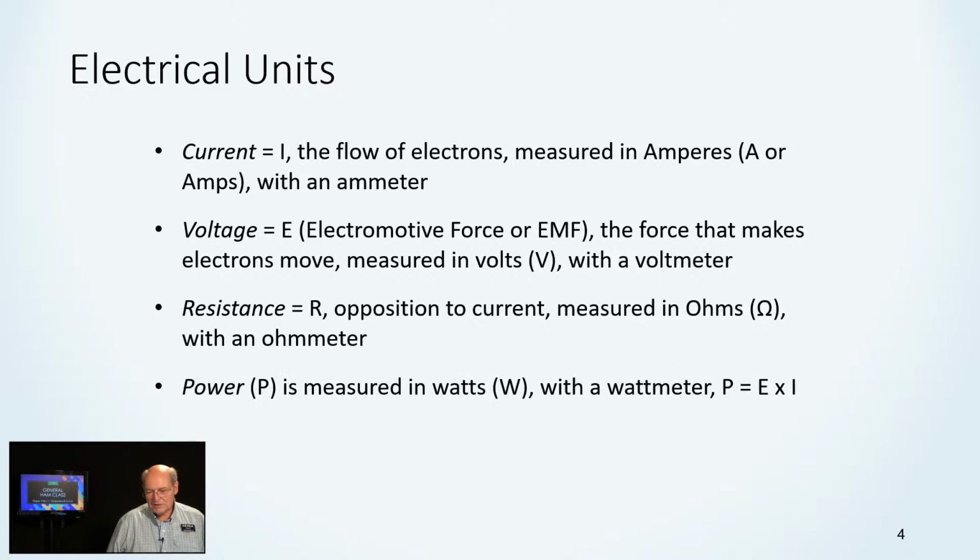Now power is a little bit different. It's measured in watts, like the watt meter on your house that your electric company charges you for. And its power equals E times I, or voltage times current. So these are the electrical units we'll be dealing with. There's a lightning bolt. Hopefully we won't get struck by lightning.